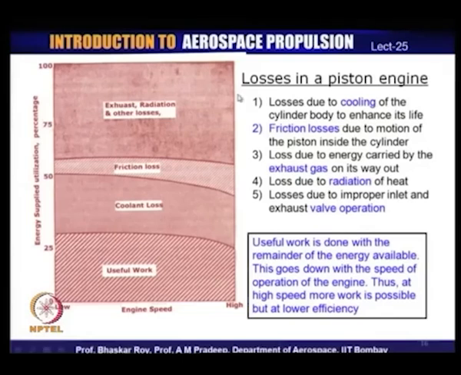So, a good amount of cooling losses actually take place, and as we see in this simple graph, as the engine speed increases from low to high, the cooling losses actually stay more or less of the same order. The friction losses keep on increasing as the motion of the piston becomes faster and faster, and that is of course easy to understand. This is the mechanical friction.